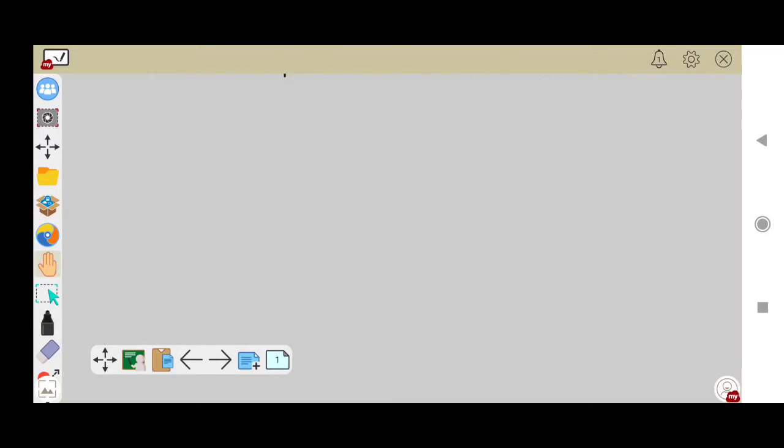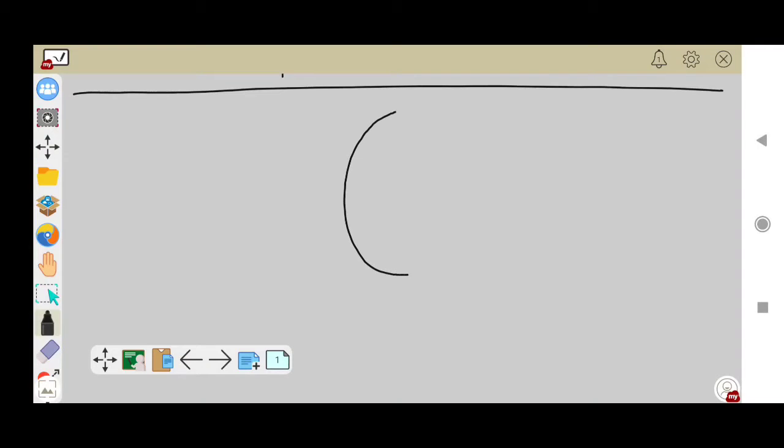Now let us write again. What is a parabola? A parabola is the set of all those points on this curve which are equidistant from a fixed point and a fixed line. All those points on this curve will be equidistant from the fixed point and fixed line.